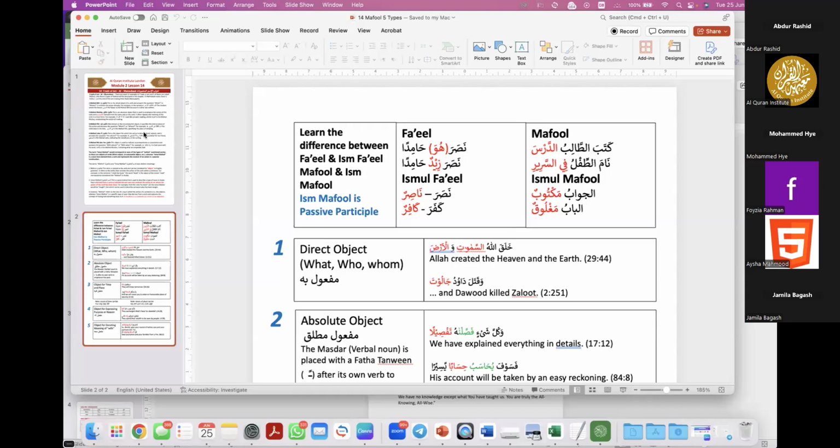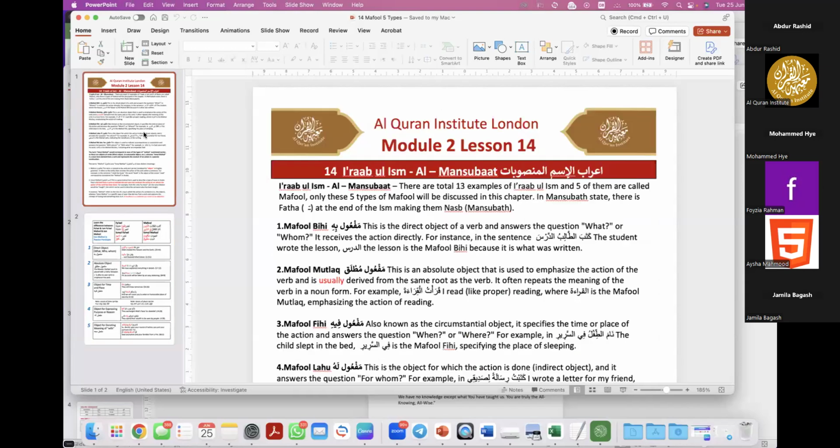Allah, we have gone through the lesson Iraab ul-Ism al-Mansubat. We have covered it, and we know there are a total of 13 forms of Mansubat, and in this chapter only 5 Mansubat examples have been covered, and they are all called Maf'ul.